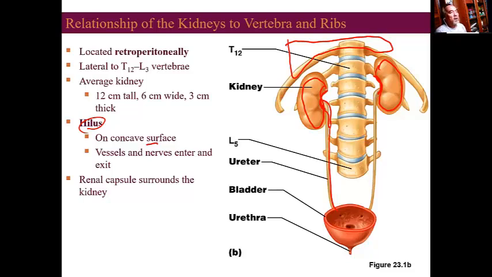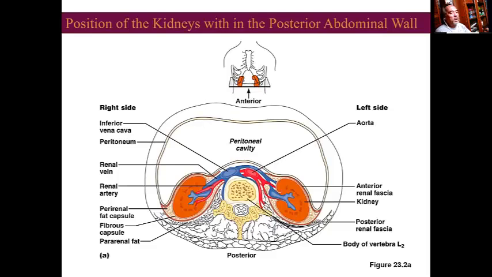The kidney is surrounded by a capsule. But let's take a look at what it means when it says retroperitoneal. When you say the word retroperitoneal, it means that the kidney is not inside the peritoneal cavity. It is inside the abdominal cavity, but remember the peritoneal cavity is different.